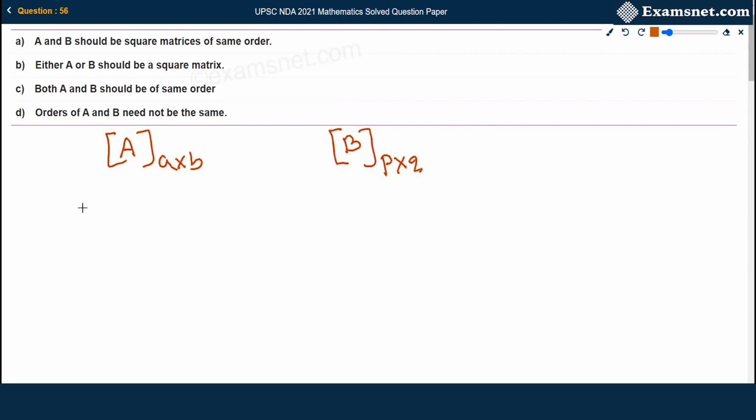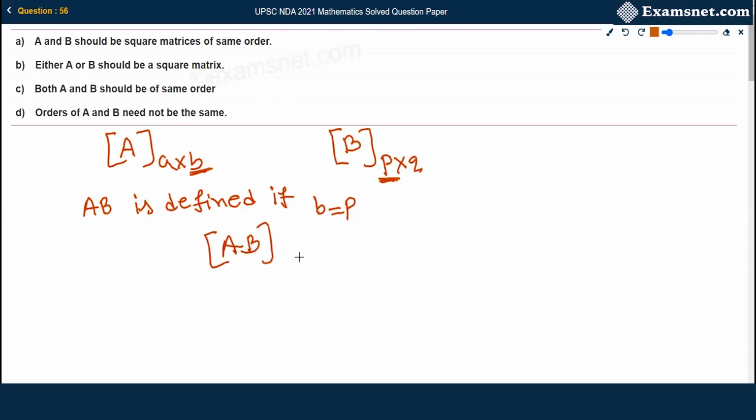Now, AB is defined, I mean, the multiplication of A and B is possible, if the number of columns of the first matrix, that is A, is equal to the number of rows of the second matrix, that is B. So if b equals p, then the order of the resultant matrix will be a multiplied by q.